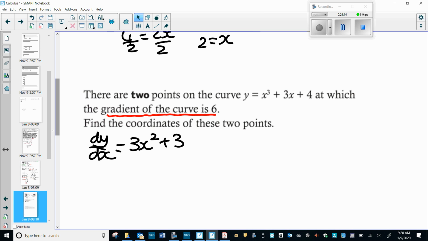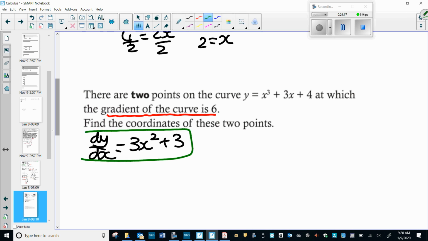What does this tell us? Why did we do that? And what does the derivative tell us about? The gradient, okay? And what have they then told us? That the gradient is 6. Good, we're going to put that equals 6.